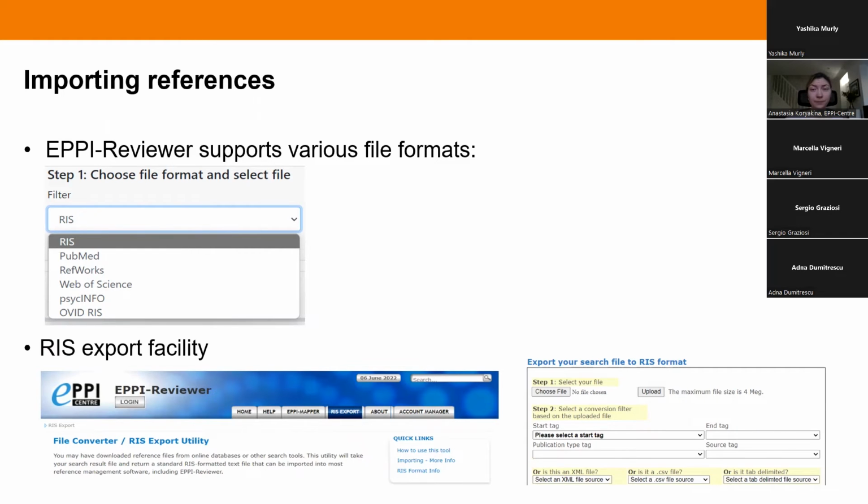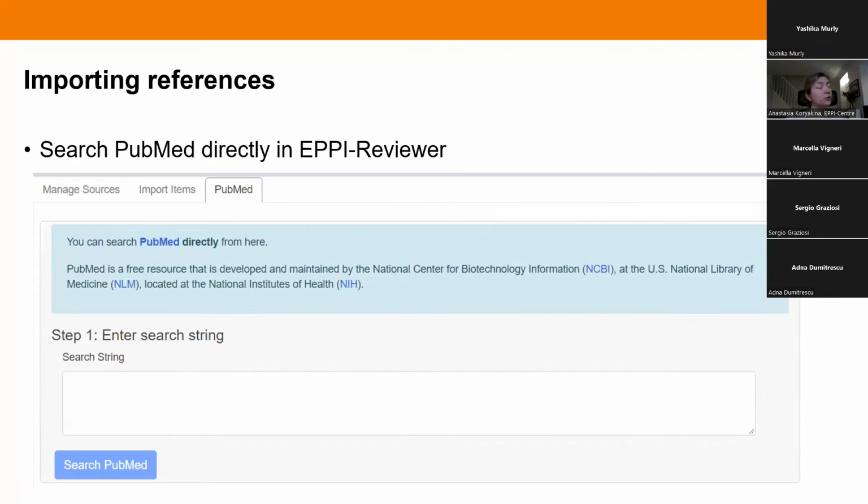You can also search the PubMed database directly in EPPI-Reviewer. So if you click on the same button, Import References, in Review Home, but go not to the Import Items tab, but open the PubMed tab, you'll be able to enter the search string and search PubMed directly in EPPI-Reviewer without having to go to the PubMed site, running a search there, exporting items and importing them to EPPI-Reviewer.